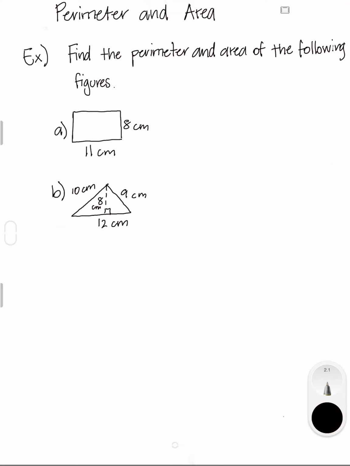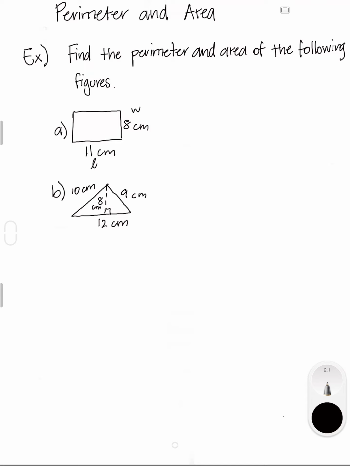So we begin with a rectangle. Now we all know that a rectangle is composed of the length and the width, right? Usually the length is the longest side. So here we're going to say that 11 centimeters will be the length of the rectangle and 8 centimeters will be the width.